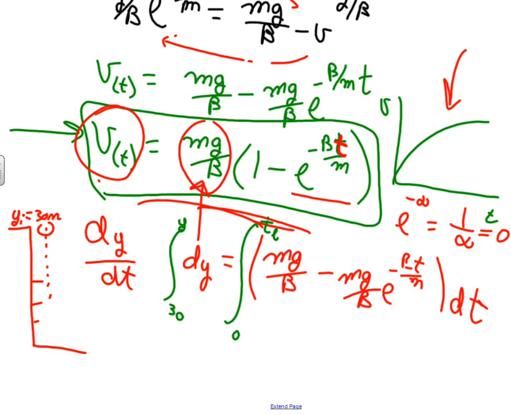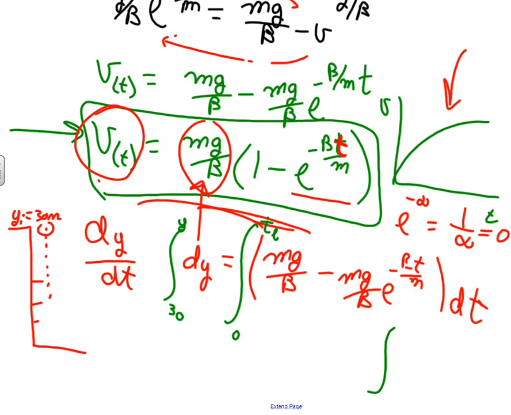It would be mg over beta times time, and then minus mg over beta e to the, what's the integral of e to the minus beta over m t? Do you remember what that is? It's e to the minus beta t over m times 1 over, I think, which is minus m over beta. Do you remember that?